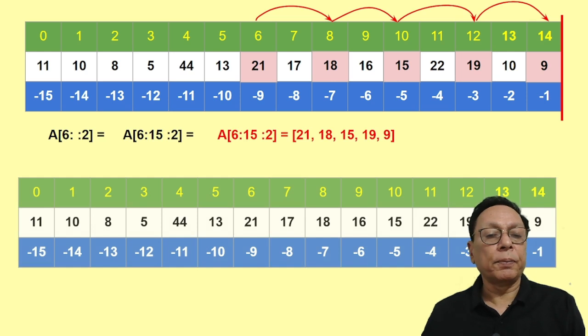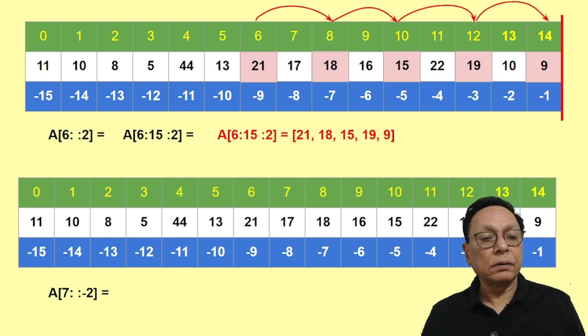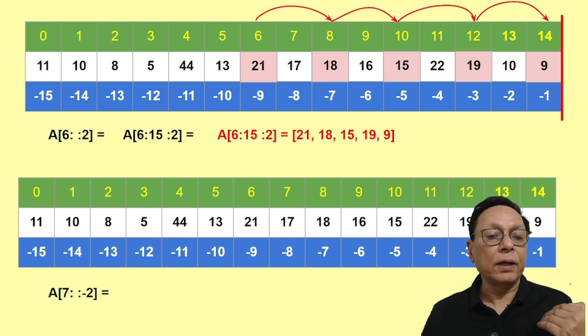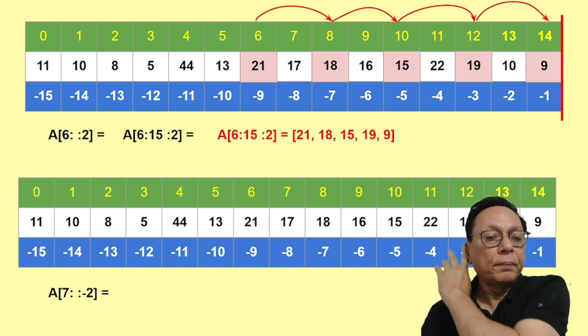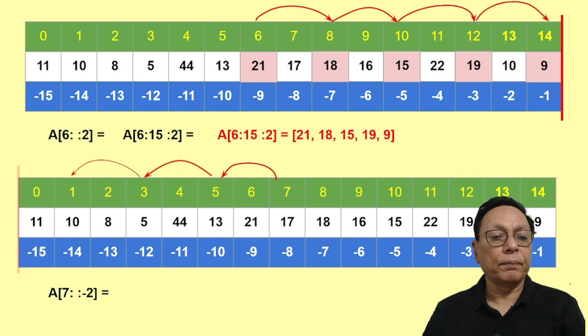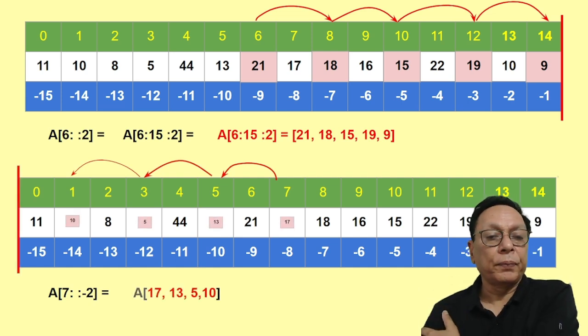Hope you understood. And the next example is again 7, the ending index is missing and minus 2 means we have to move right to left.